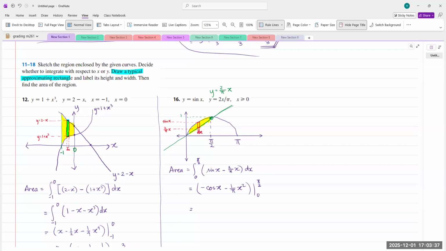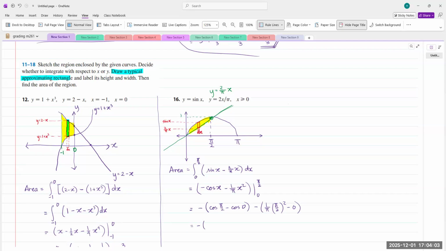When I take care of the cosine, the negative cosine, that will be negative of cosine pi over 2, which is 0, minus cosine 0. And then minus at pi over 2, that's 1 over pi over 2 squared minus 0.